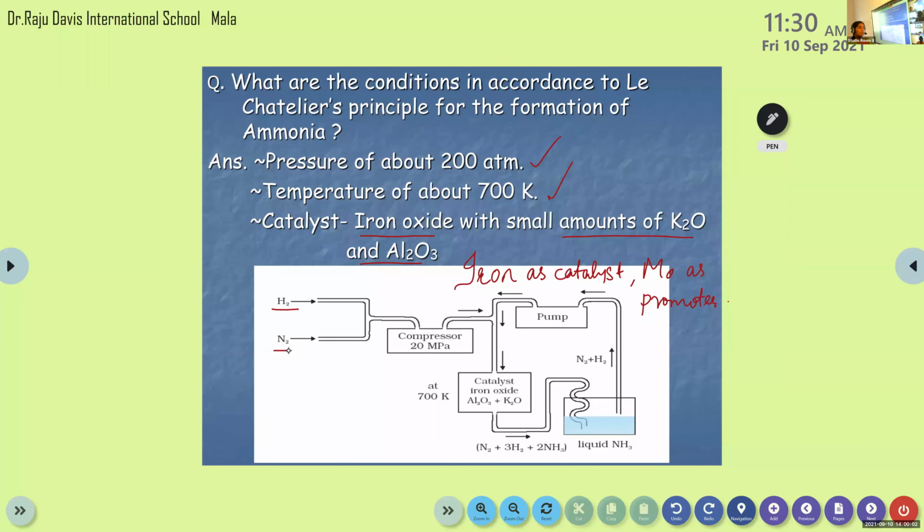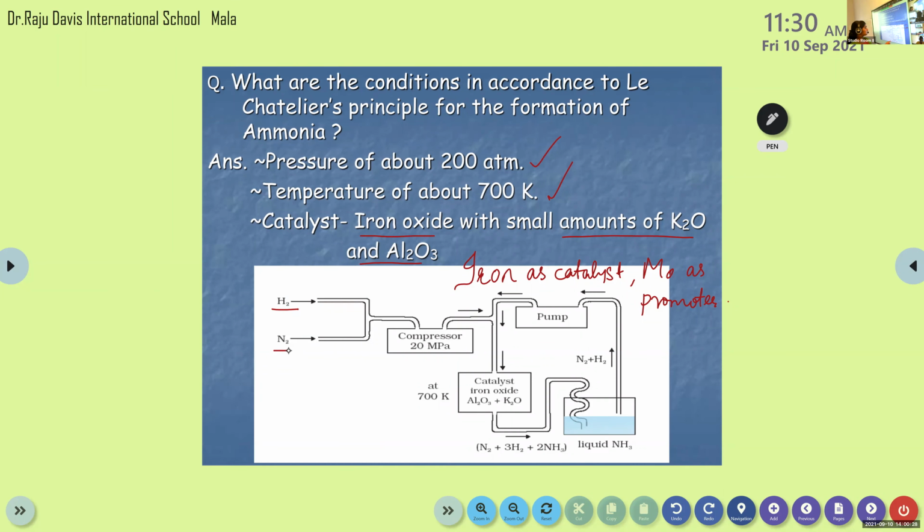It will apply high pressure and convert it into the form of liquid. Okay, it will compress. Clear, children? Then from this compressor, it will be passed to the catalyst, that is iron oxide with aluminium oxide and K2O at 700 Kelvin. The high temperature should be maintained. And in this compressor, the pressure should be 200 atm.